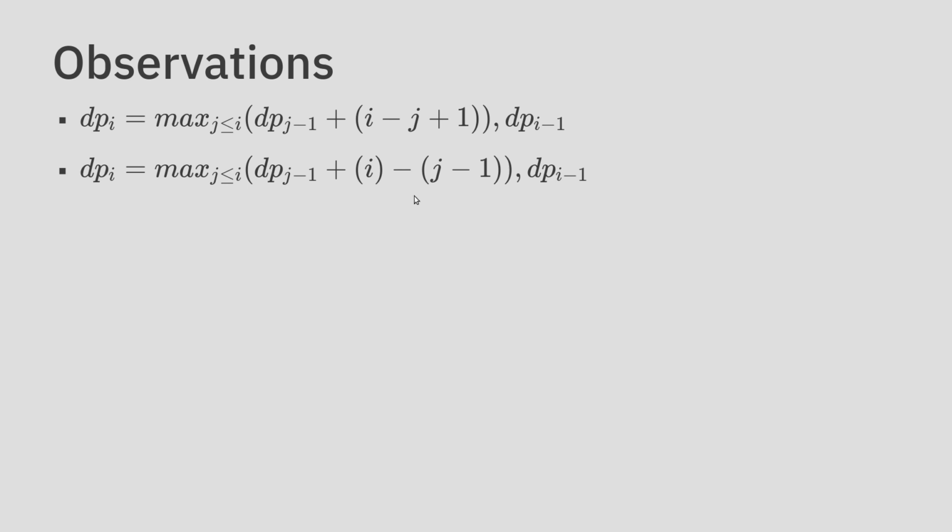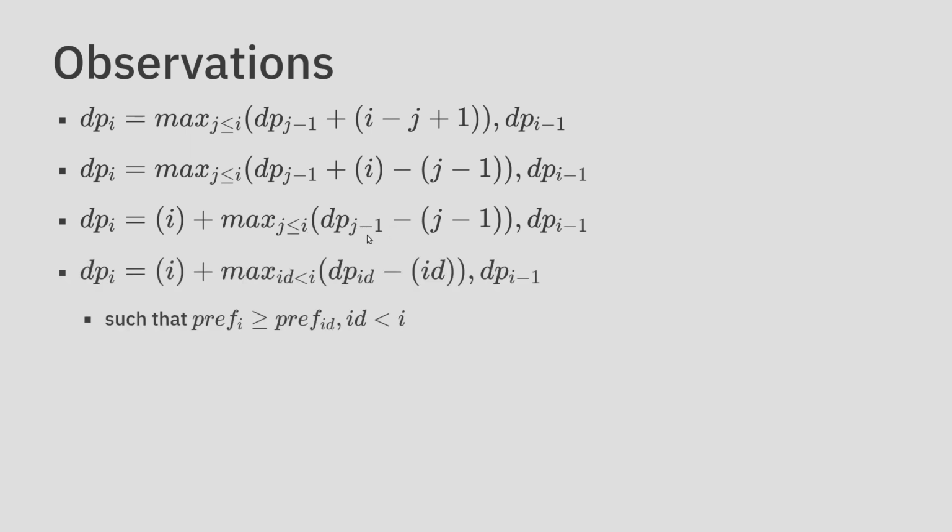And you can see that the length of the subarray from j to i will be i minus (j minus 1), which equals the number of cells present in the range j to i. So we can basically rearrange the equation as follows. And i is independent of j in this equation, right, the first term. So we can basically remove it.